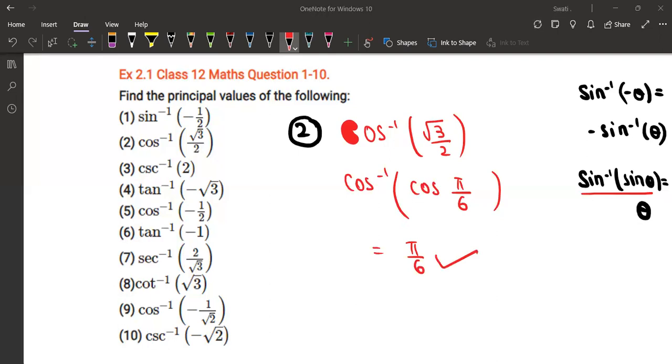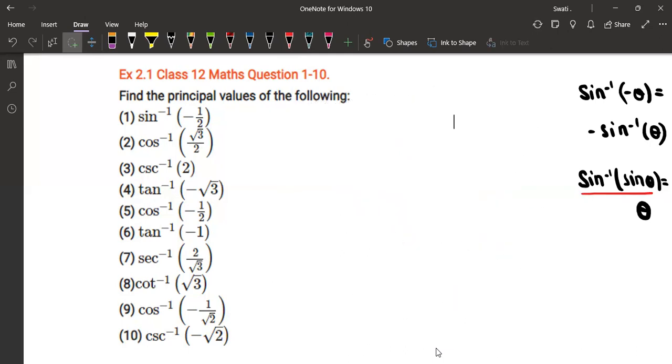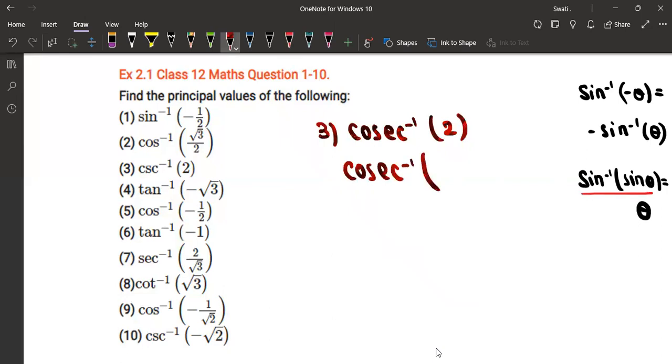Now let's move to the next question, and that is cosec. Here CSE, don't get confused, is simply cosec. So the third one is cosec inverse 2. For what value of cosec is the value 2?